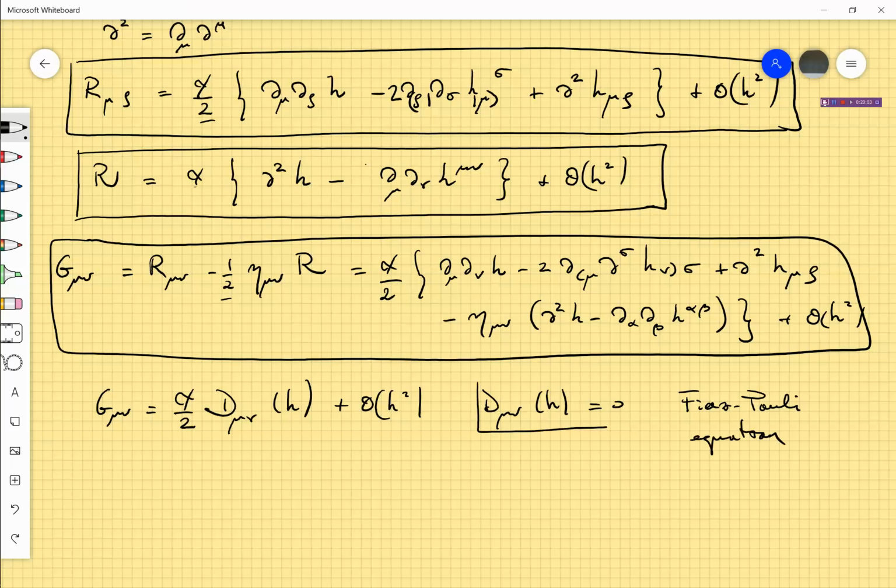And okay, they arise as the weak field limit of the general equations of general relativity, but Fierz and Pauli obtained them in a completely different way.